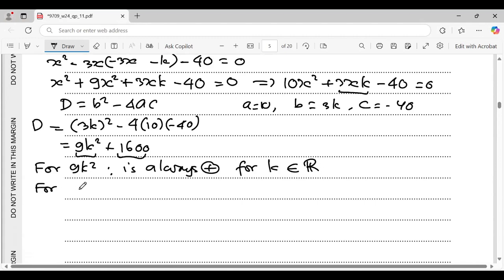Now, for 1,600, 1,600 also is always positive. So we can state the implication of this information: the discriminant is always positive.